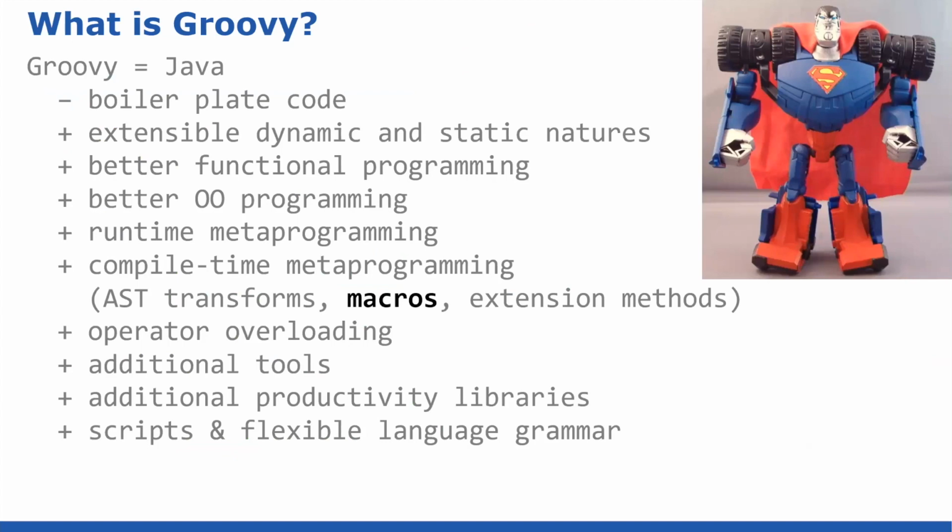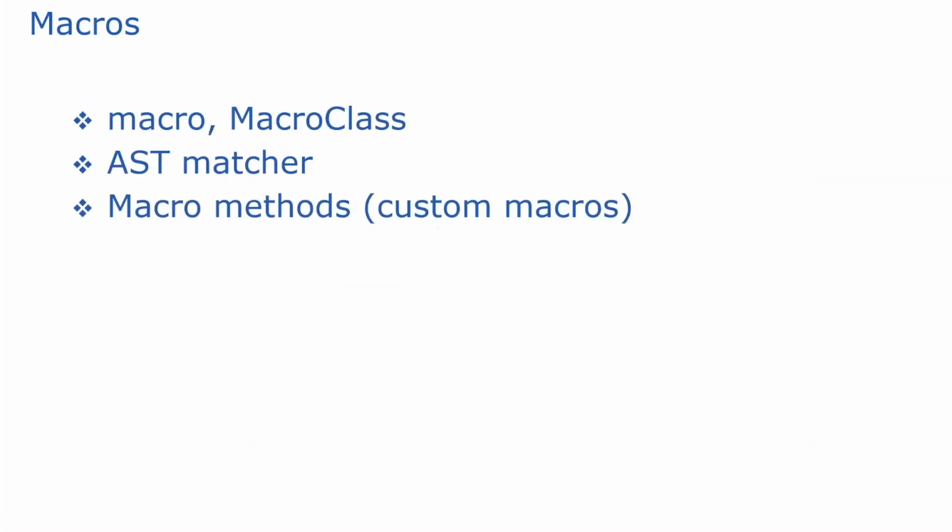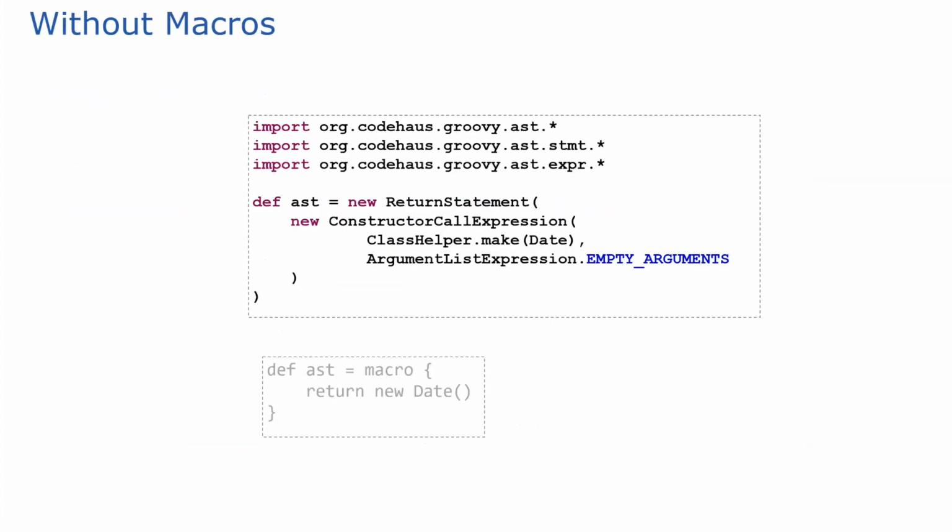Another feature that was in 2.5, and I'm not going to spend time going through details, was macros. And I've talked about these AST transforms. This is a little bit of code that you typically write if you were writing one of those AST transforms. You might return a new return statement with, inside that, a new constructor call expression.